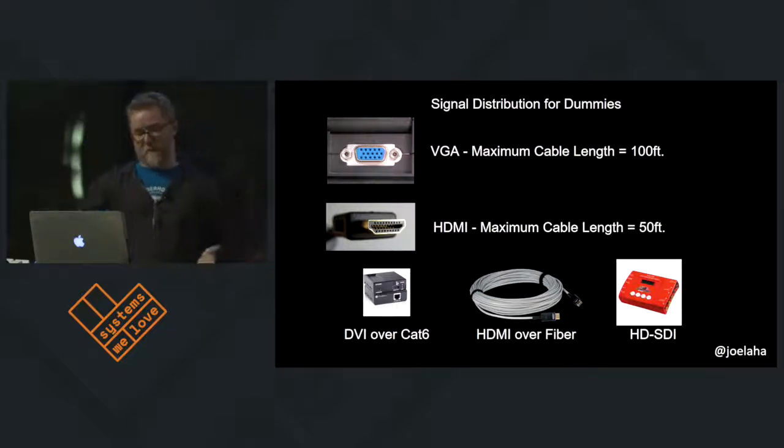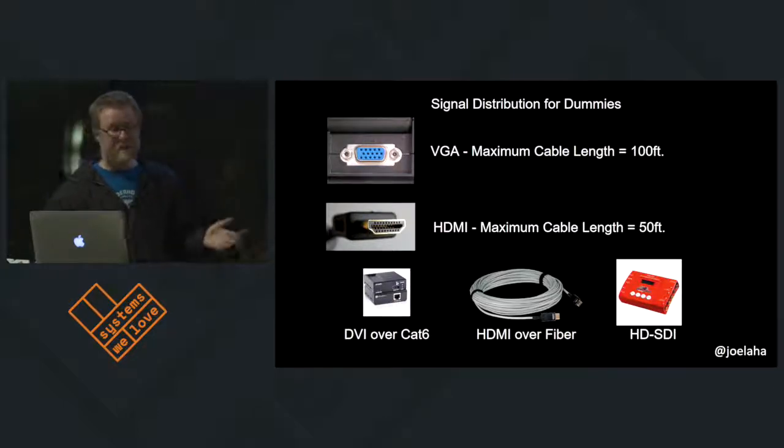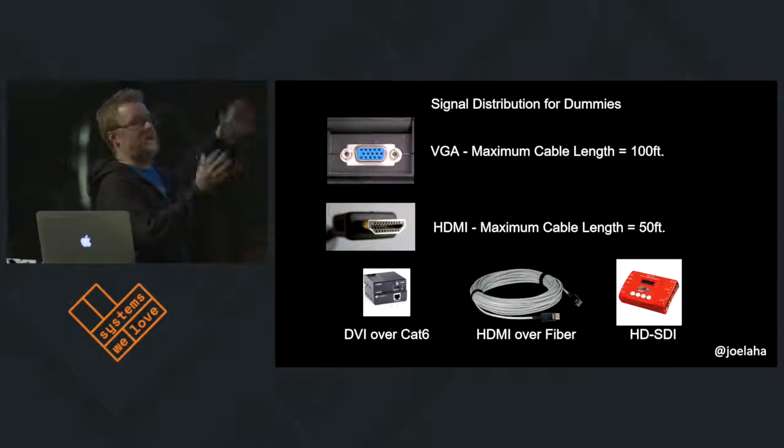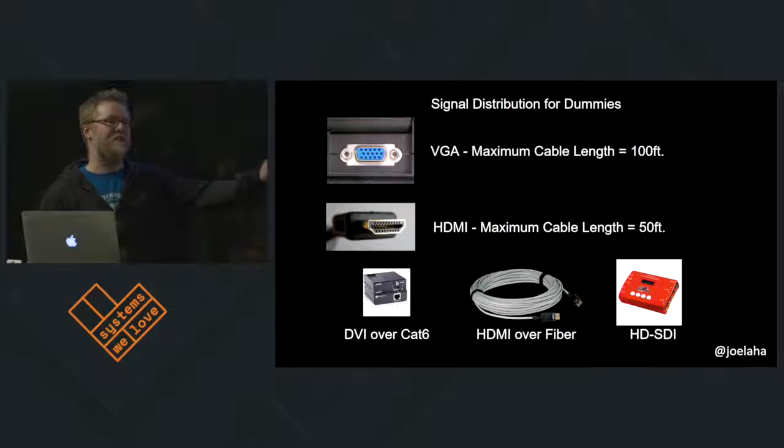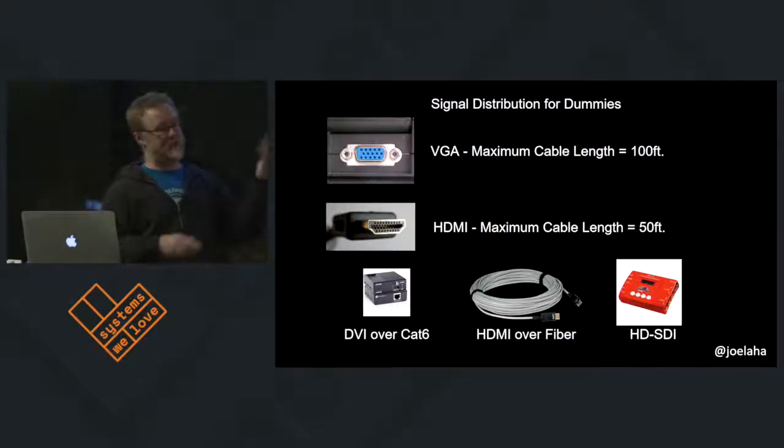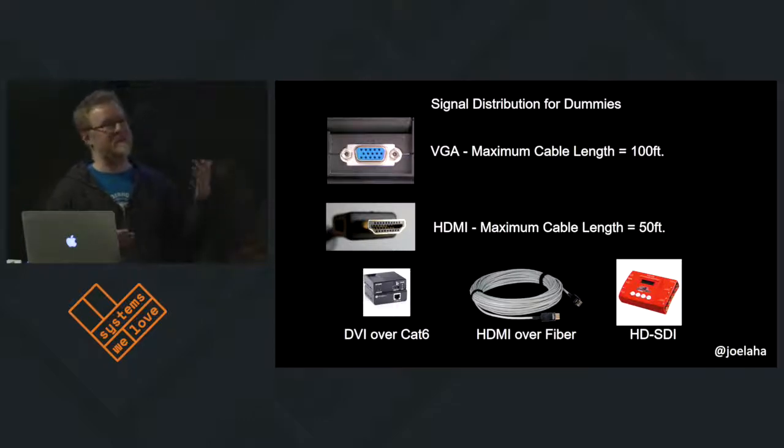And then HD happened, and meant dealing with HDMI, which is great for your living room, but really shitty when dealing with a large event. And most of the challenges that we encounter in this aspect of signal distribution is dealing with the fact that you can only run an HD signal about 50 feet before you get signal dropout. And it's not just a fuzzy picture the way analog would be, because it's ones and zeros.